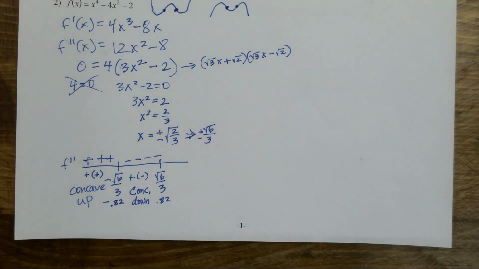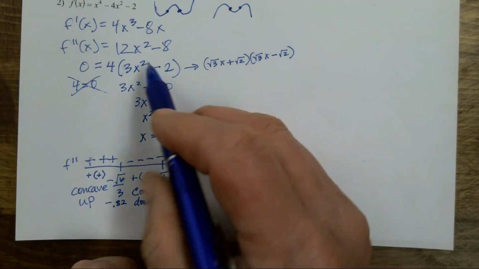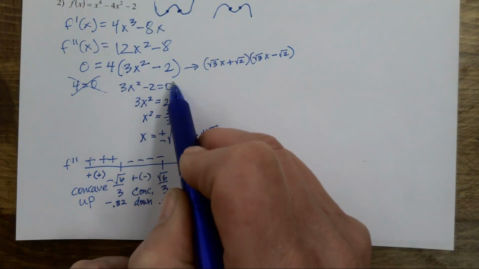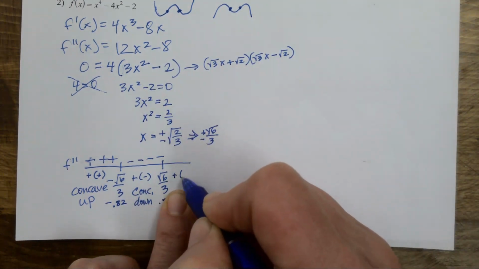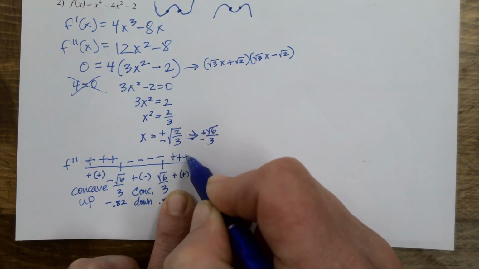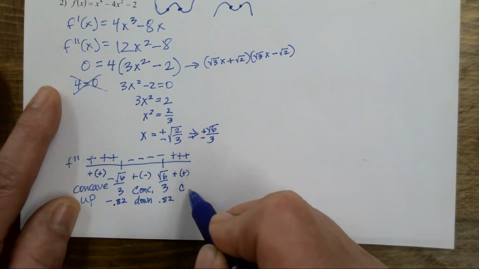I'm writing CONC instead of the whole concave. Pretty soon it's just going to be CD and CU. Okay, and then I'll do my last region again. 10, 100, 1, or yeah, 1 would work. Either way, it's positive and positive, another positive region. And so again, it's concave up.